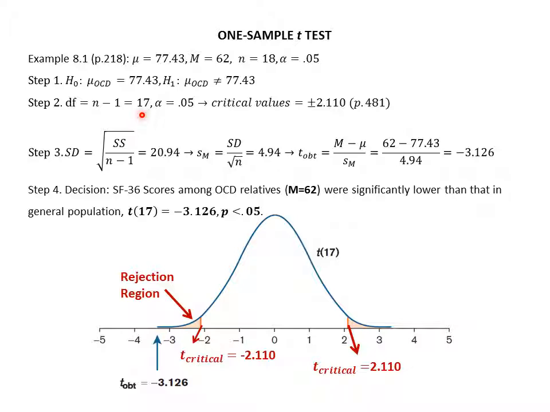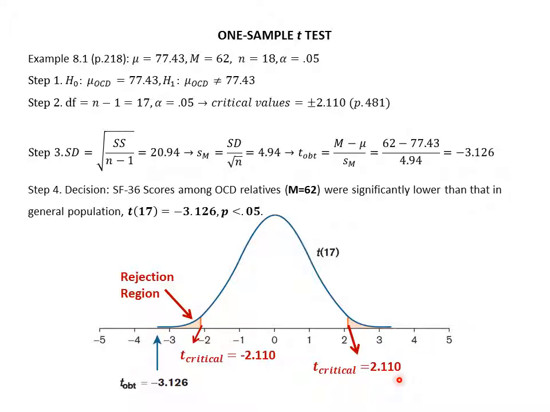And you go to the top third row, the proportion in two tails combined, and use the 0.05 column to find the critical value, which is 2.110. So the critical value in the right tail is 2.110.